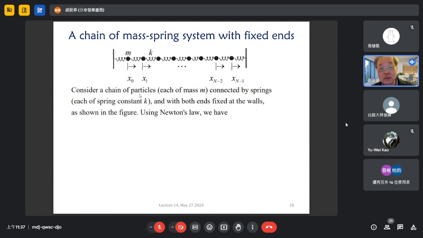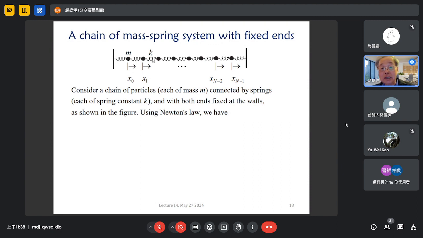So a chain of particles, each of mass m, connected by springs, each of spring constant k, and both ends fixed at the wall. Analytically, you can solve this problem with the same m and the same k.